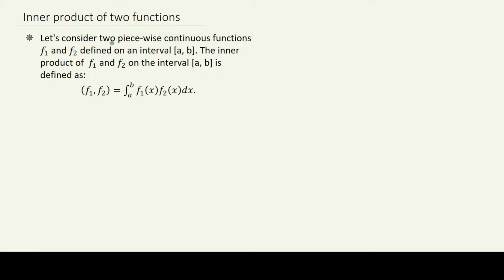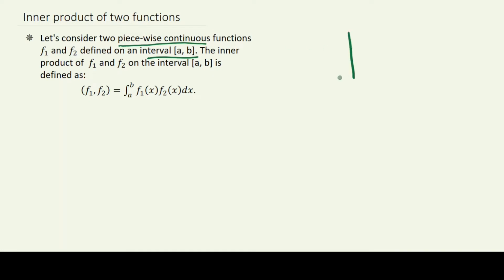Let's assume we have two functions f1 and f2 that are defined on an interval a to b, and these two functions are piecewise continuous. So first let's talk about what it means for a function to be piecewise continuous.